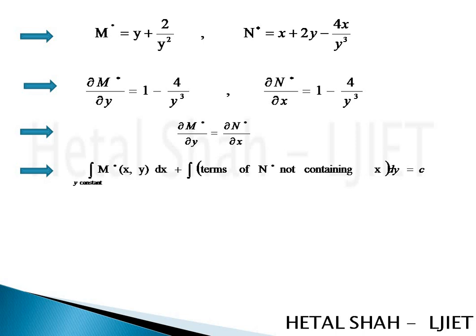So by applying the formula for the exact differential equation, the integration of m star, which is y plus 2 upon y square dx, plus terms of n star which are free from x, which is 2y. Here there are three terms, and only one term is free from x.